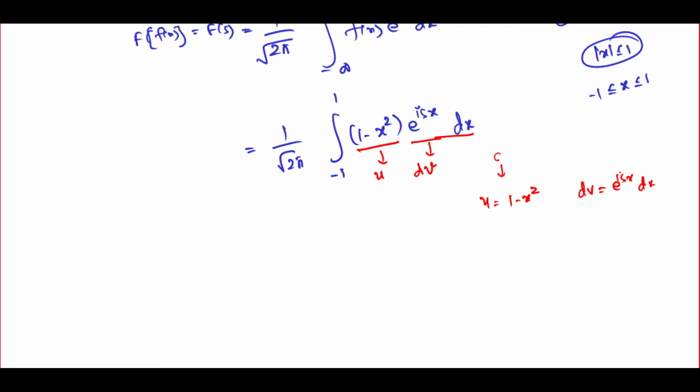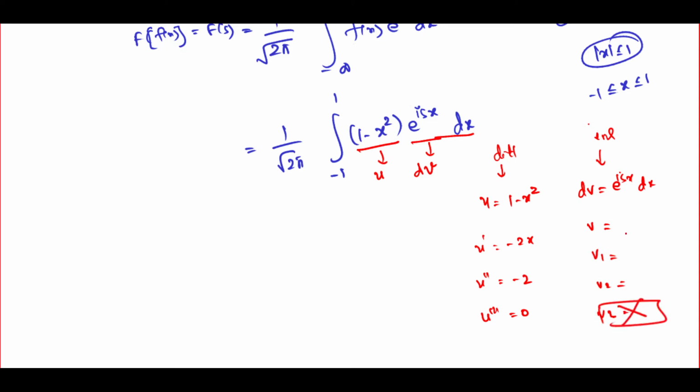On this side we differentiate, on the other side we integrate. So u dash gives minus 2x, u double dash gives minus 2, and u triple dash is 0. So we have to find v, v1 and v2; v3 is not required. Then multiply uv, u dash v1, u double dash v2 with plus, minus and plus signs. So the integration gives uv minus u dash v1 plus u double dash v2.